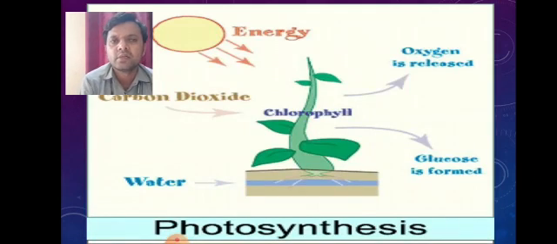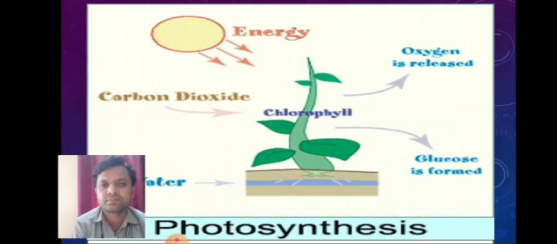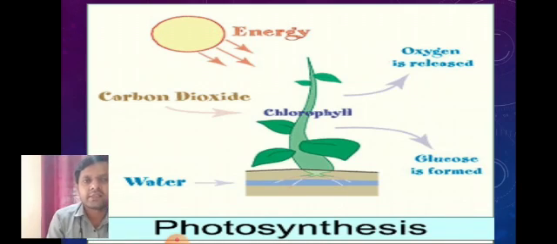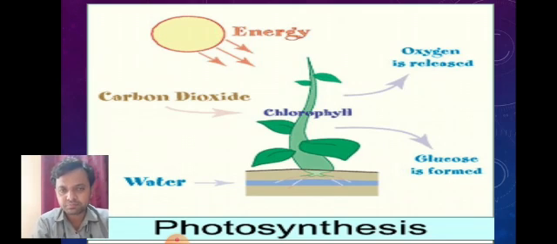Here we'll discuss the photosynthesis process. First of all, see the diagram. Let me tell you what is meant by the process of photosynthesis. If you break the word photosynthesis, there are two words: first is photo, second is synthesis. Photo means light. Synthesis means to mix together or to combine together.